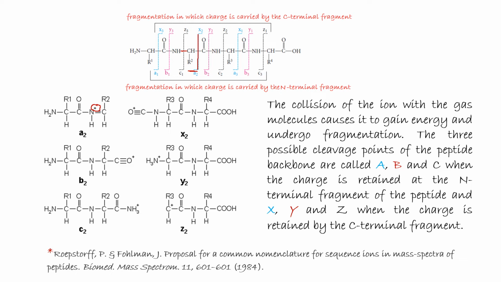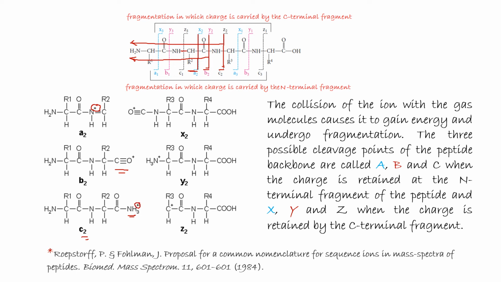For B2, we'll see that part, as an acylium ion. For C2, we will see that part as NH3 plus, the charge on the nitrogen.